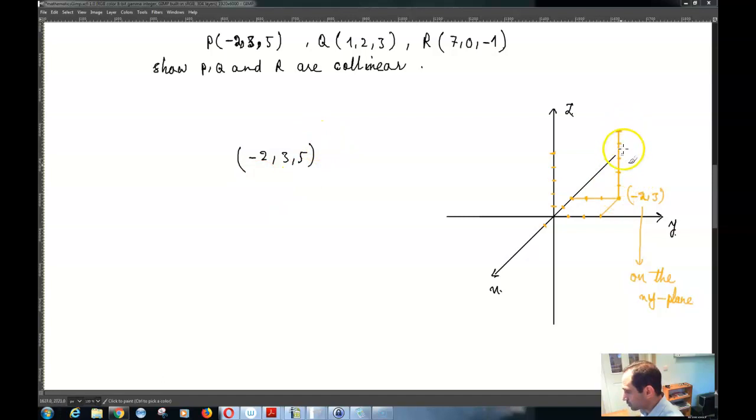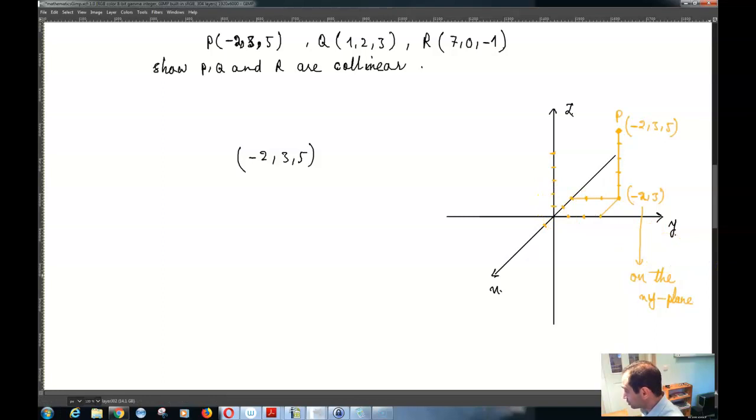So we have to do something so that we can see things a little bit 3D-ly. So now this point over here is (-2, 3, 5). That is point P. Okay.